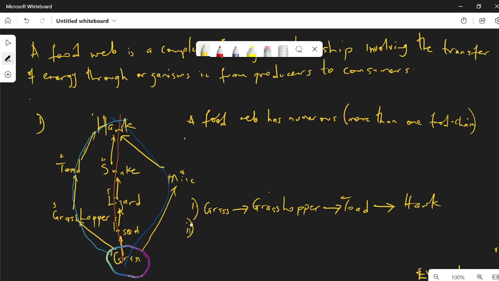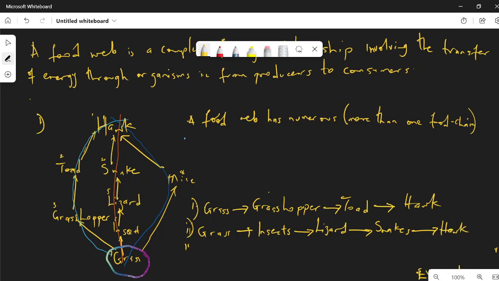Number 2, we have grass again, to insects, to lizard, to snakes, and to hawk.